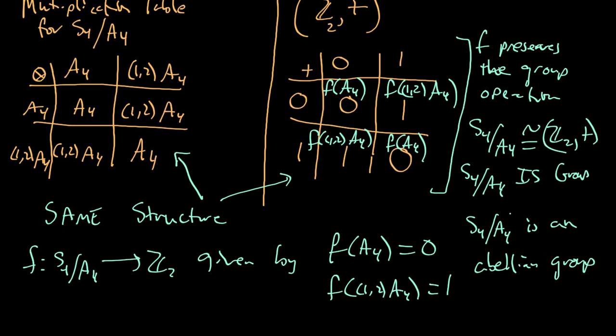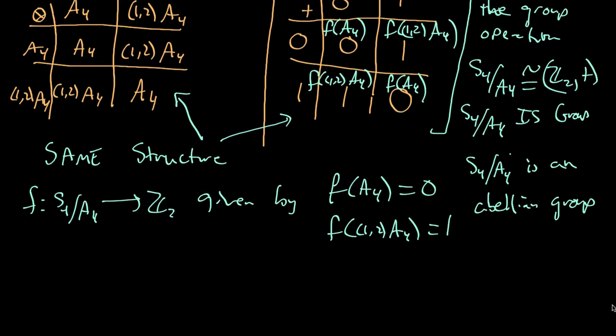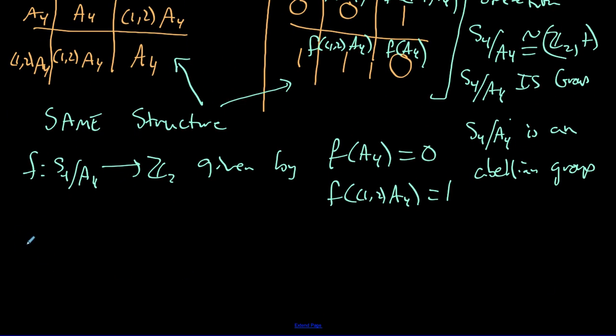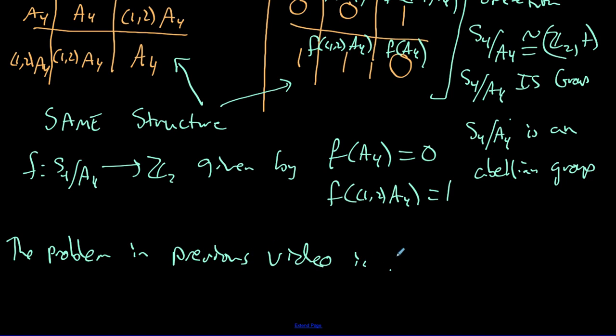Now, the importance of this example is that it means that the problem in the previous video is not as simple as S4 is not commutative.